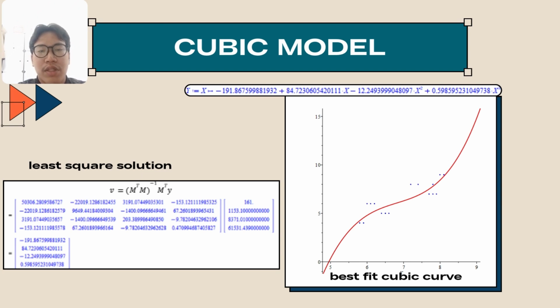After that, we substitute the values into the formula, which is Y equals negative 191.8675 plus 84.7230x minus 12.2493x squared plus 0.5985x cubed.